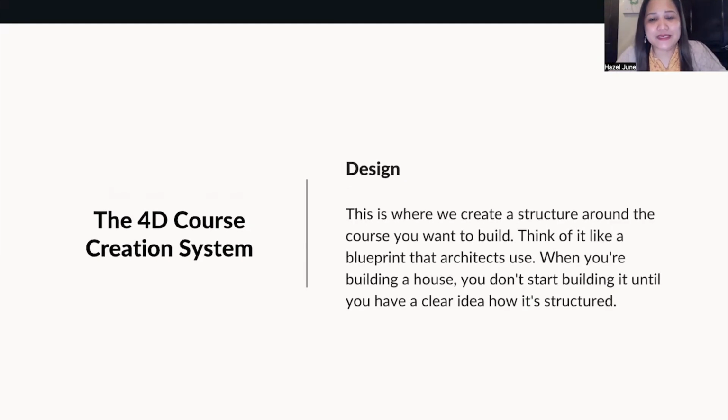The design piece is where we start creating a structure around the course that you want to build. So think about this as a blueprint that architects create. When you're building a house or a building, whatever the case may be, the client or the architects would have to assess, right?